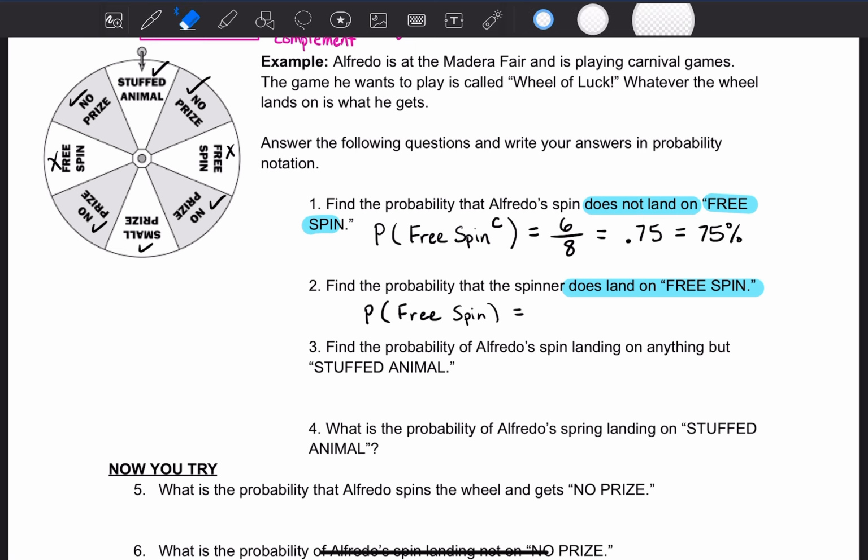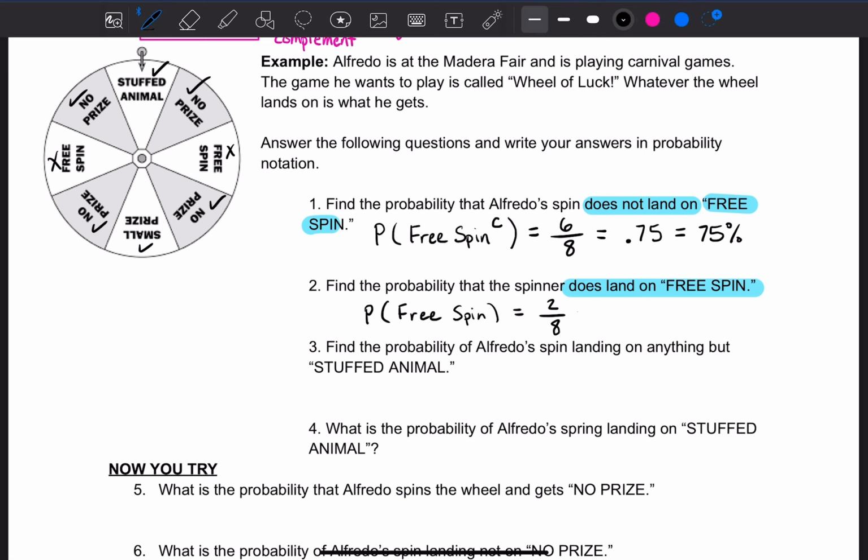Now, there's 2 ways to do this problem. The first way is using the picture that is given to us, and that's probably the way that we all did it. So we want it to land on free spin, so we see that we have 1 and 2 free spins. We only have 2 free spins on the wheel, so it's 2 out of 8.